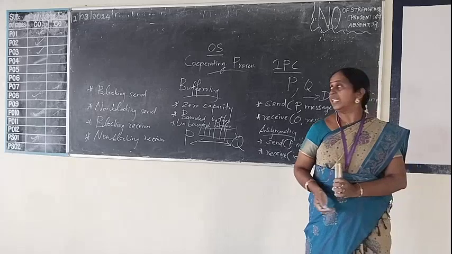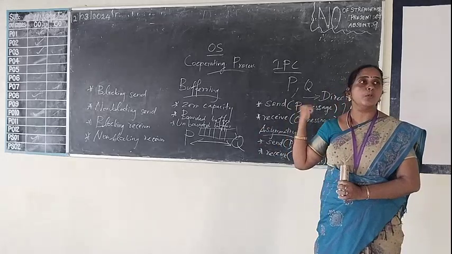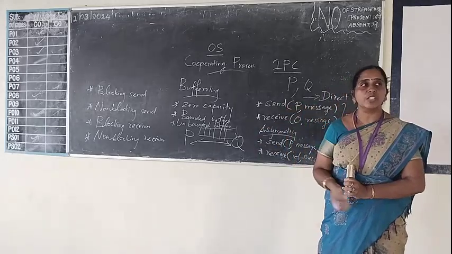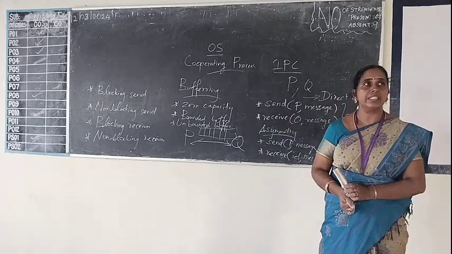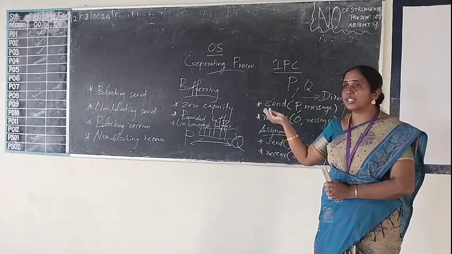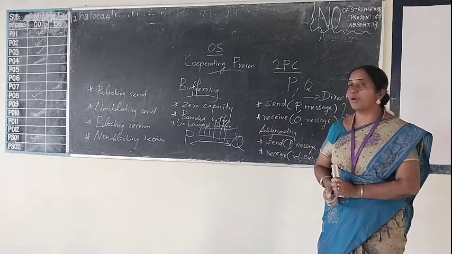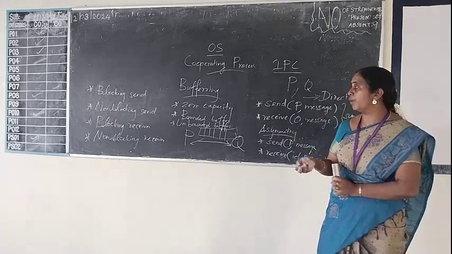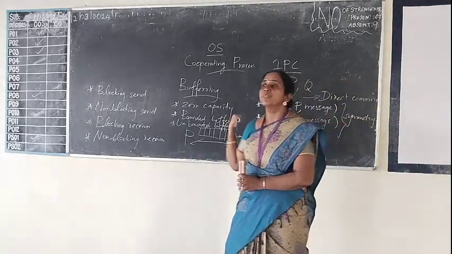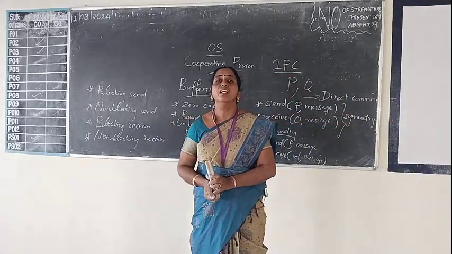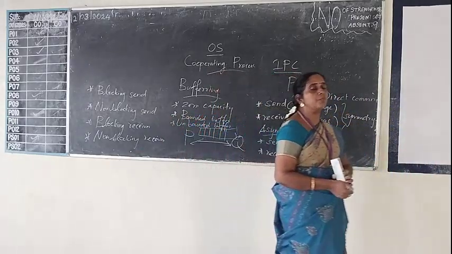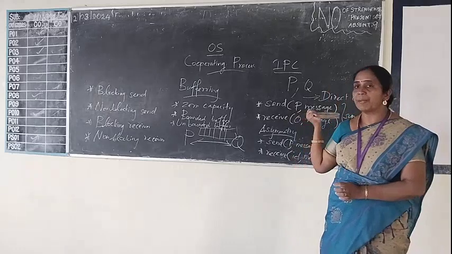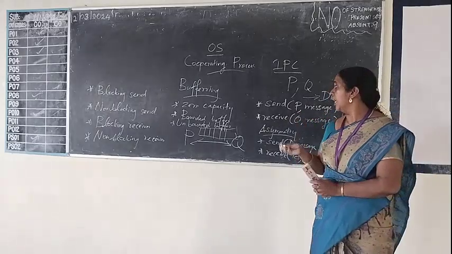And there is synchronization to manage the activities of both sender and receiver. Some synchronization primitives used are blocking send, non-blocking send, blocking receive, and non-blocking receive. And to maintain the buffering, we can use three types of buffer: zero capacity buffer, bounded buffer, and unbounded buffer.